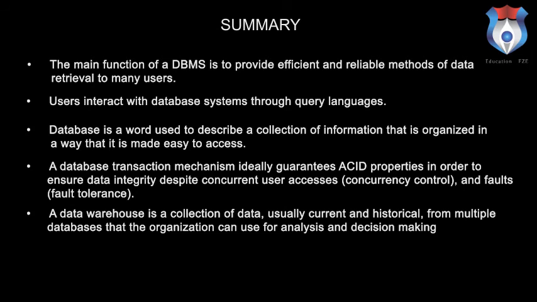Database is a word used to describe a collection of information that is organized in a way that it is made easy to access. A database transaction mechanism ideally guarantees ACID properties in order to ensure data integrity despite concurrent user accesses, concurrency control, and fault tolerance.